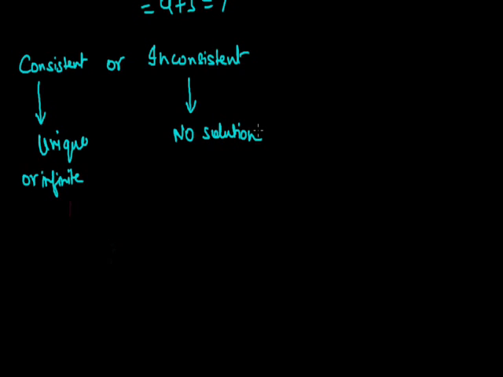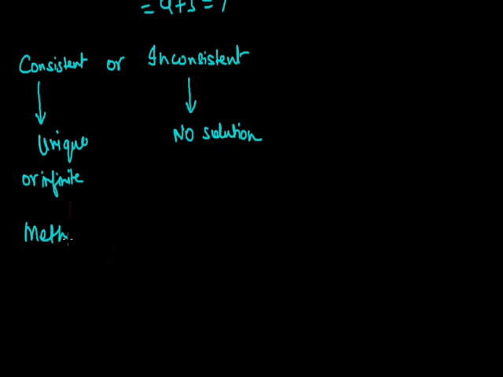If we get at least one solution, either a unique solution or infinite solutions, then that linear equation is considered consistent. And if we get no solution, then it is considered inconsistent. In this way we define whether the linear equation is consistent or inconsistent.